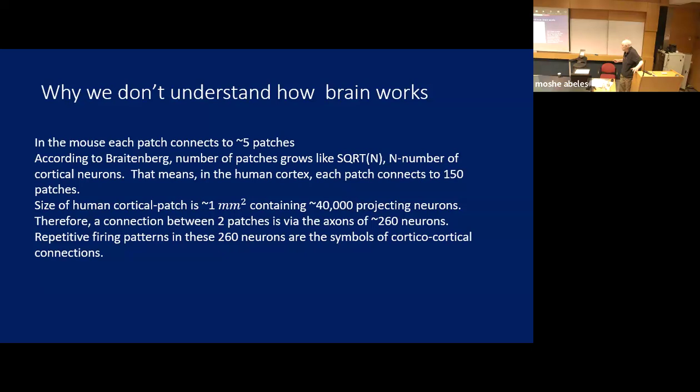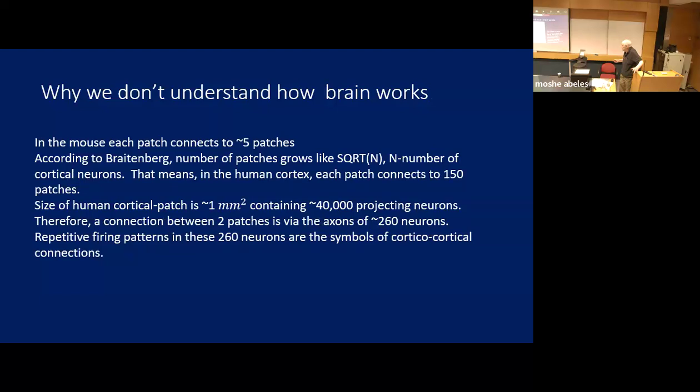That would mean if in the mouse there are 5, in human beings there are 150. That is, each point in the cortex is connected to 150 patches in the cortex. That may explain why we are smarter than a mouse.